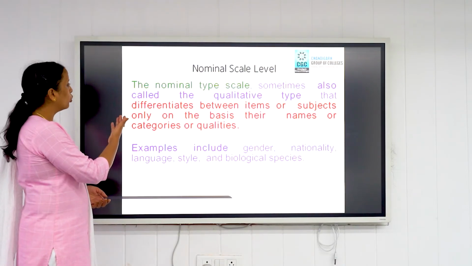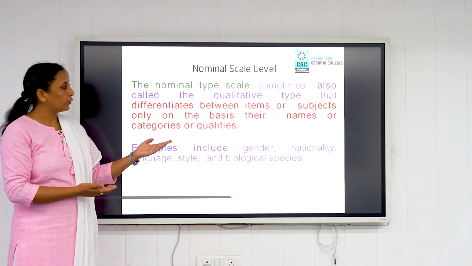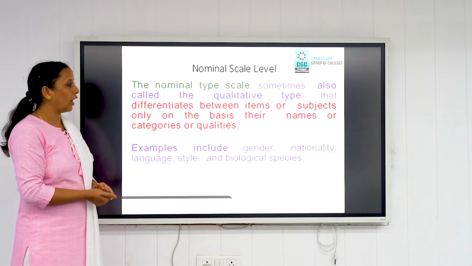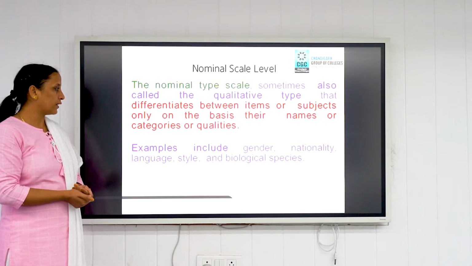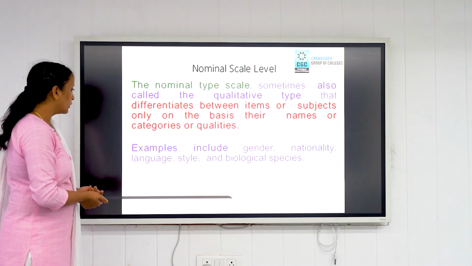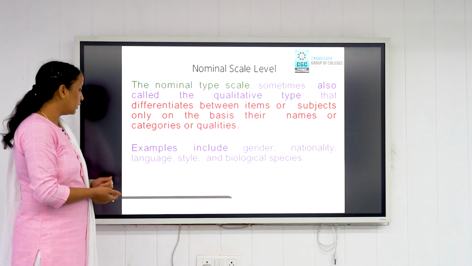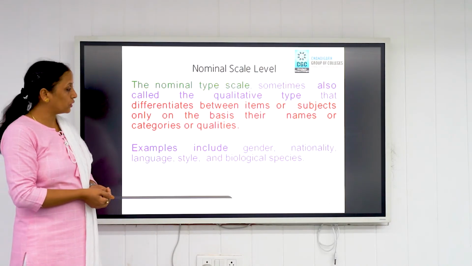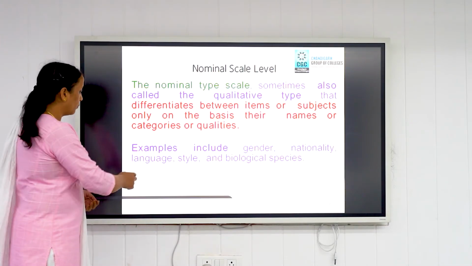The nominal scale, sometimes also called the qualitative type of data, differentiates items or subjects only on the basis of their names, categories or quality, right? Suppose gender, nationality, language, style, and biological specificities. These are examples of nominal data.